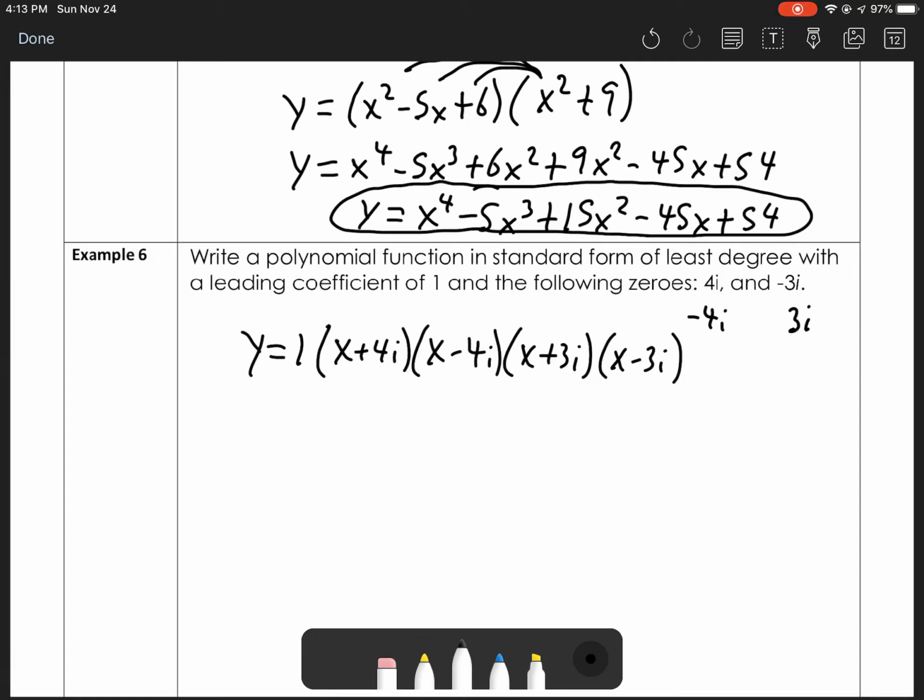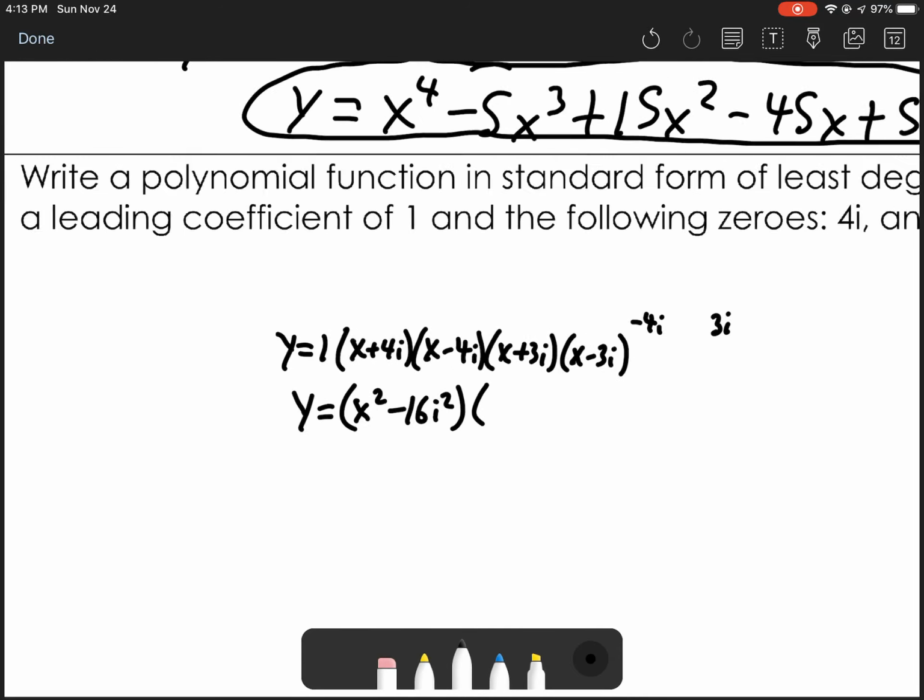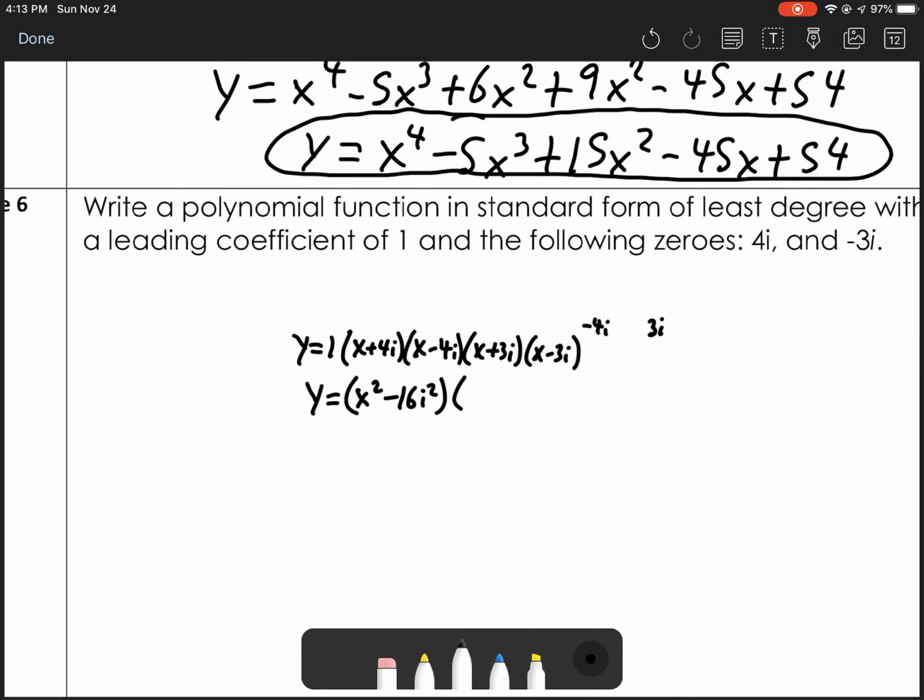Again, we are just going to multiply the two binomials that go together, since these are going to be differences of squares. So the first two are going to give us x squared minus 16i squared. The second set is going to give us x squared minus 9i squared.